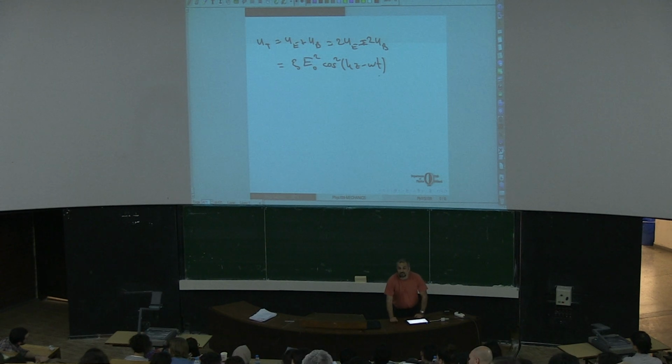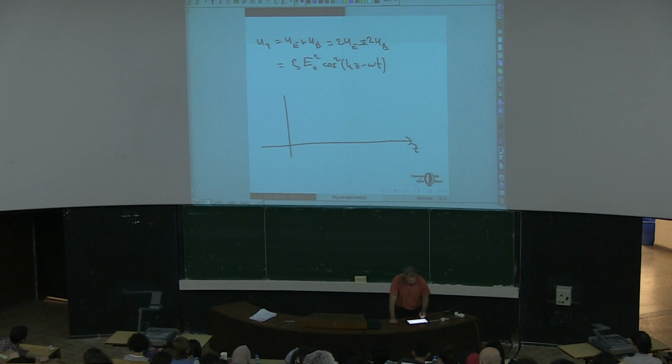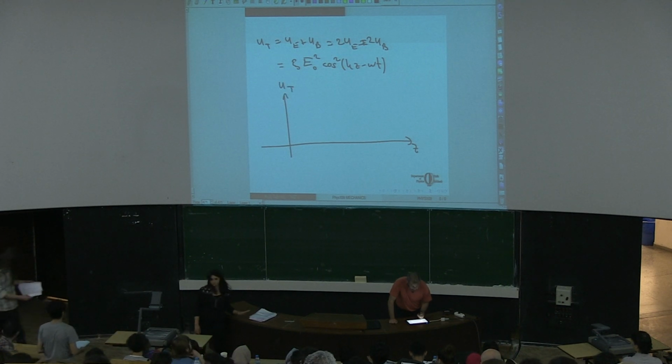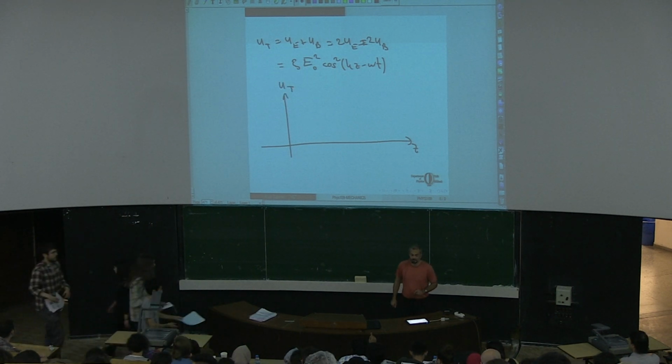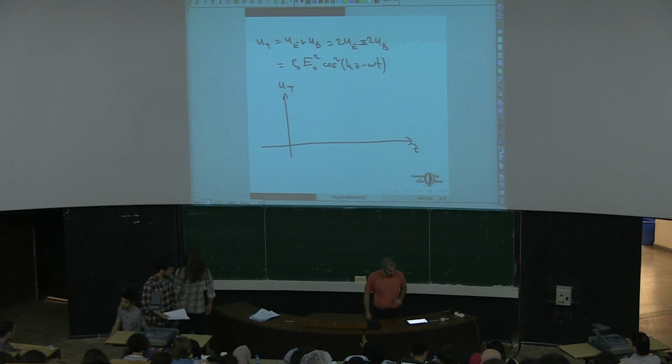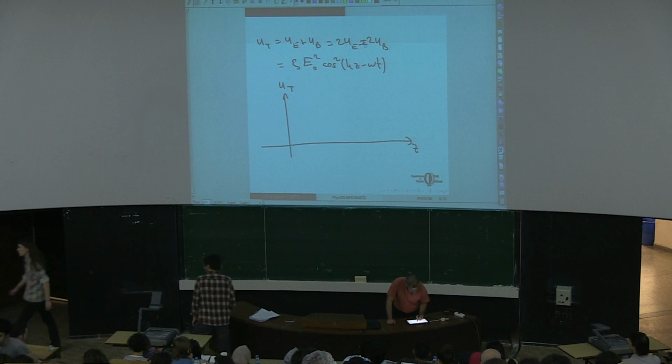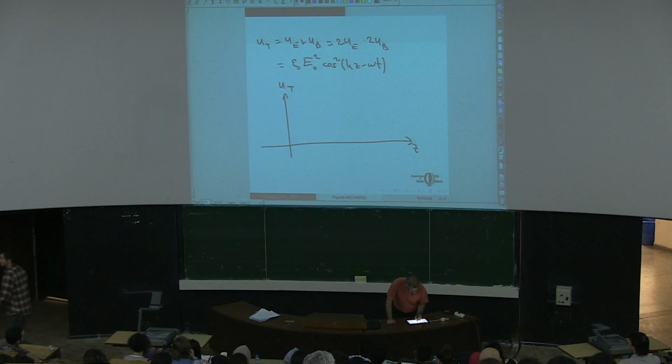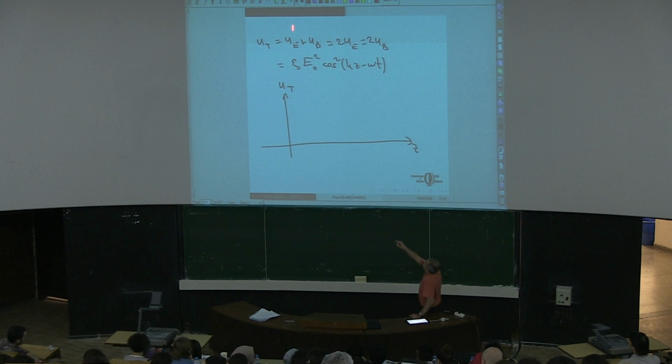Now, how does this look, let's say, as a function of z? This is the total energy density in space. Because we know that the energy density in the electric field and the magnetic field are equal.